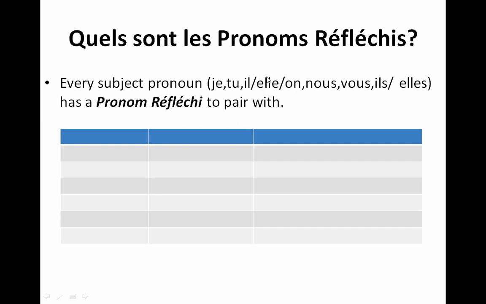So for each of these, there's going to be a pronom réfléchi that pairs with them. So let's see the first one. You have your pronoun right here, then the column of the pronom réfléchi, and then the example.